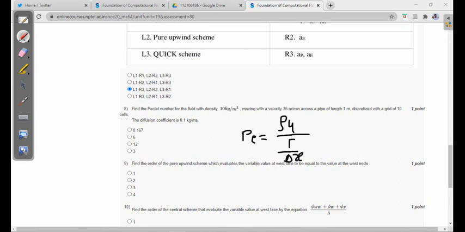Gamma is the diffusion coefficient given, rho is given, U is velocity 36 meters per minute, and del X is equal to length upon grid cells, 1/10. It is del X. So we can calculate it. The correct answer is 6.